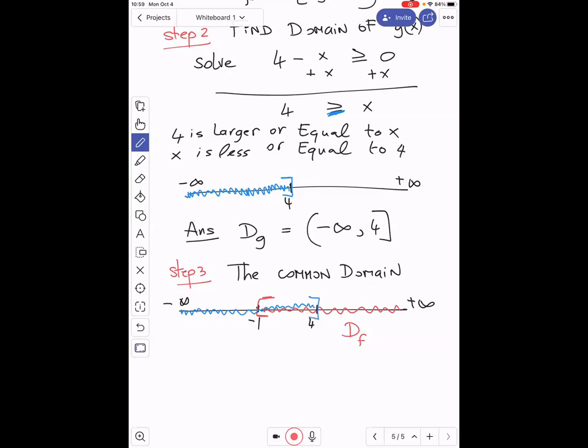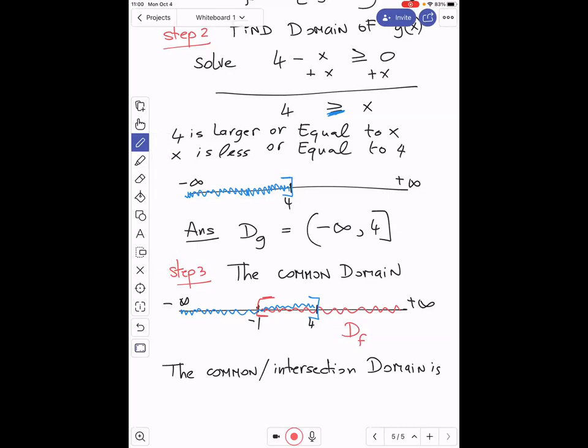4 included. And as you can see, the intersection or the common domain would be from -1 to 4, right? So the intersection domain, or the common domain, would be the interval that is blue and red at the same time.